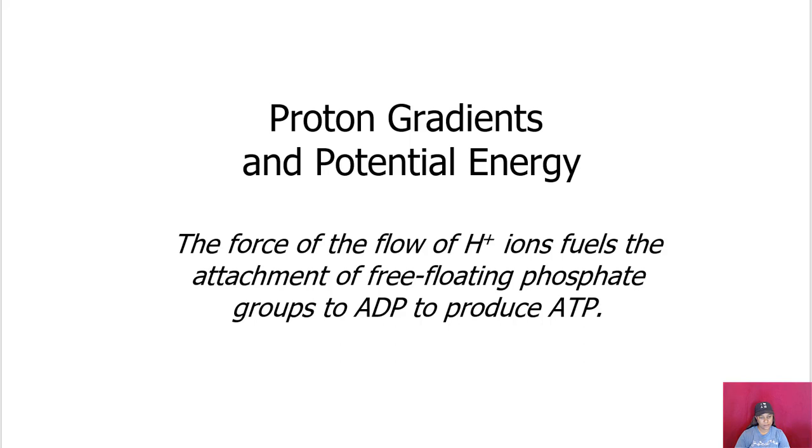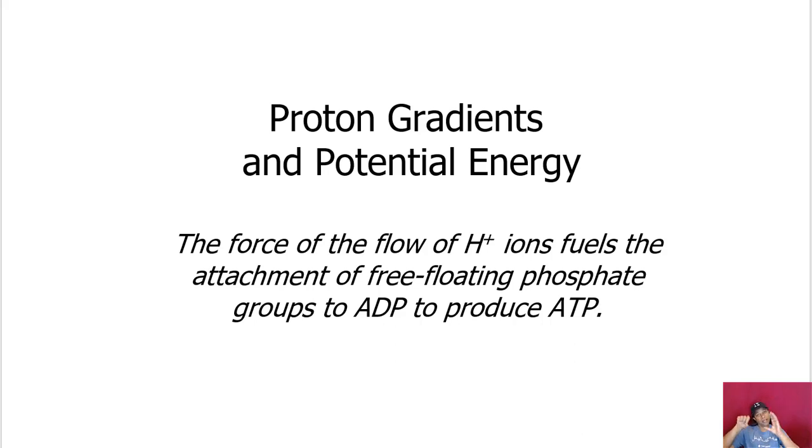We'll talk a little bit briefly about proton gradients and potential energy. So we've got this flow of hydrogen ions, which is actually what's fueling the attachment of the free-floating phosphate groups to ADP to produce ATP. Because remember, ATP, adenosine triphosphate, right?